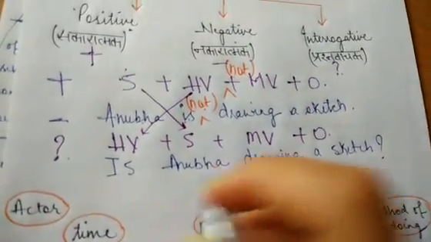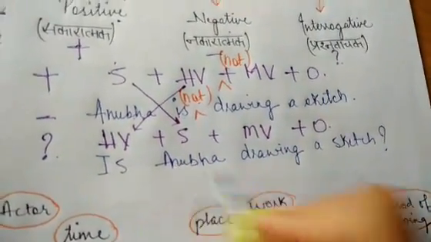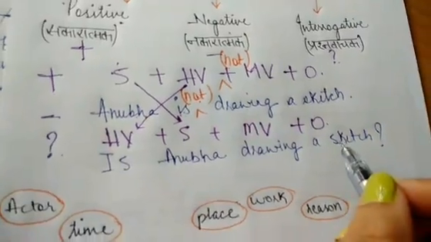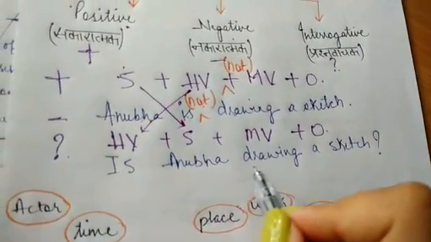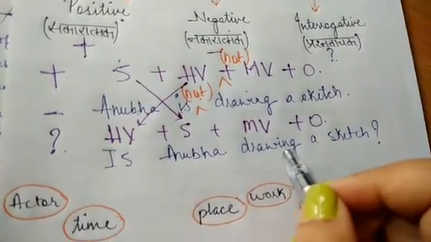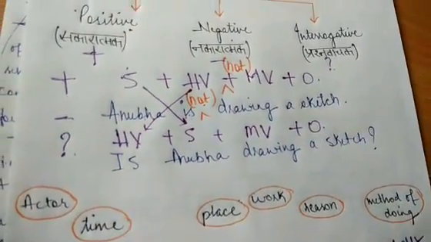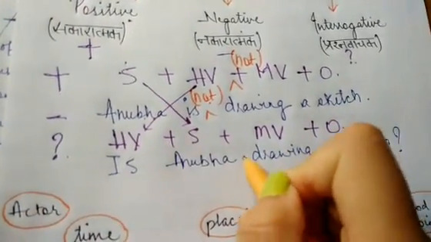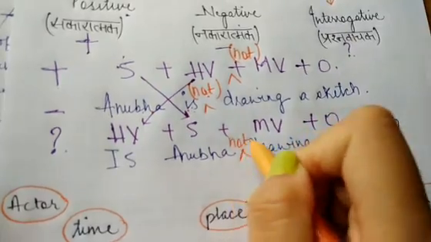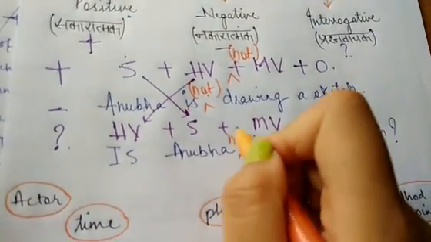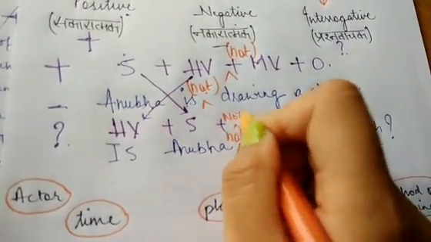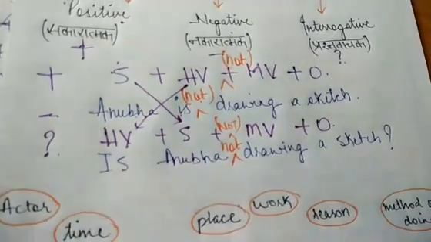Now here I have asked a question. And if I am asking it in terms of negation, that is, is Anubha not drawing a sketch, we add not in between the subject and the main verb. So we say, is Anubha not drawing a sketch? It becomes this way.